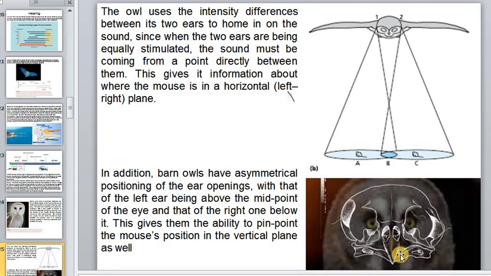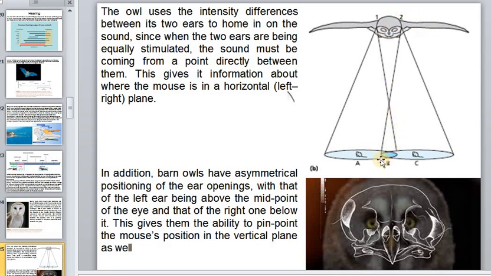This gives them the ability to pinpoint the mouse's position in the vertical plane as well, and the owl uses the intensity difference between its two ears to home in on the sound. When the two ears are equally stimulated, the sound must be coming from the point directly between them.